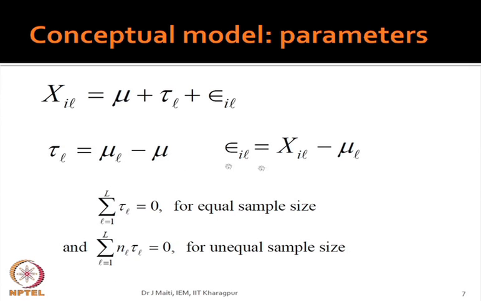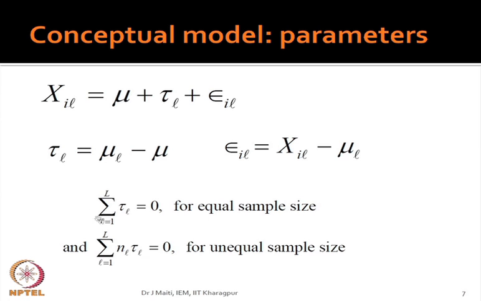And another issue here is, if you go for unequal sample size, then the weighted sum of the effects of the populations will become 0, and if you go for equal size, then again the sum of the effects of the populations will become 0.